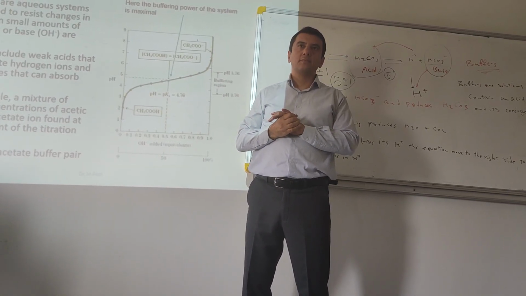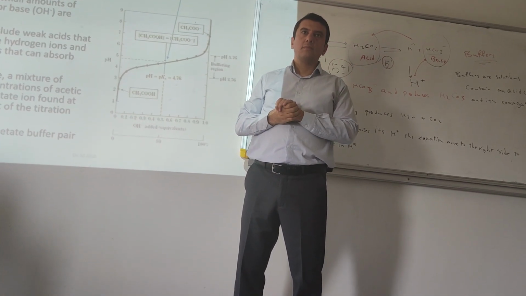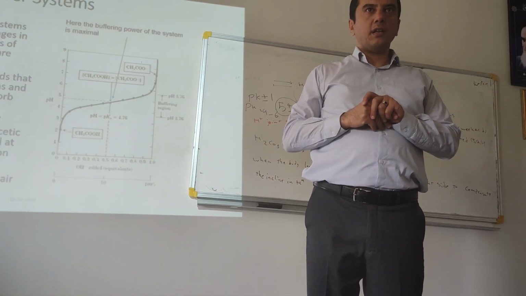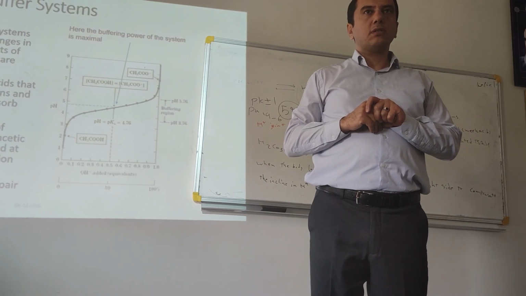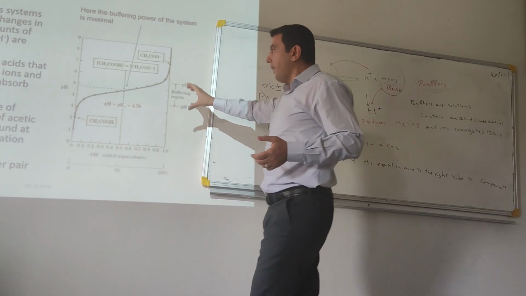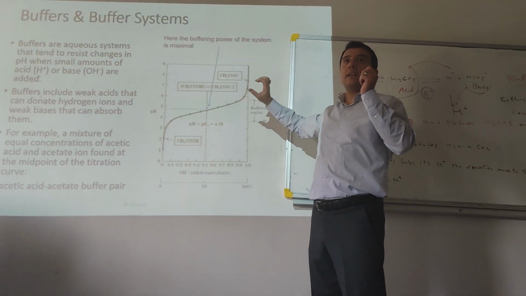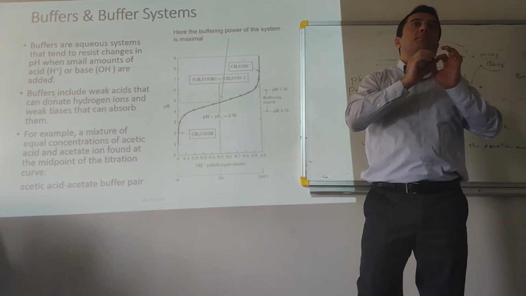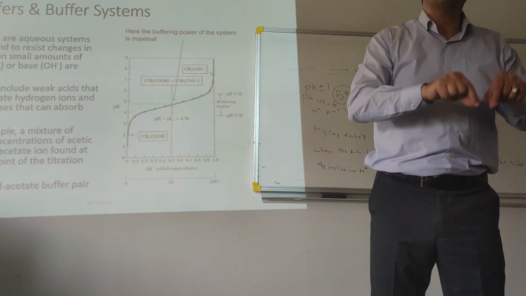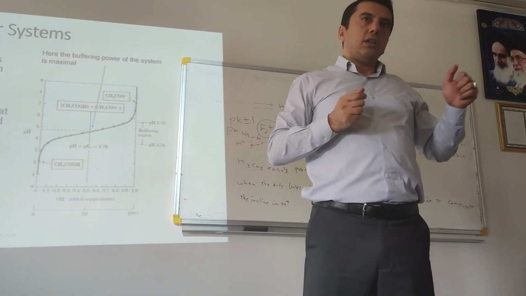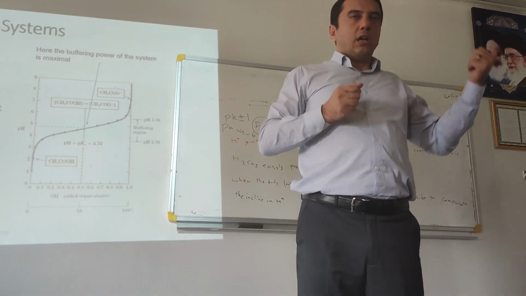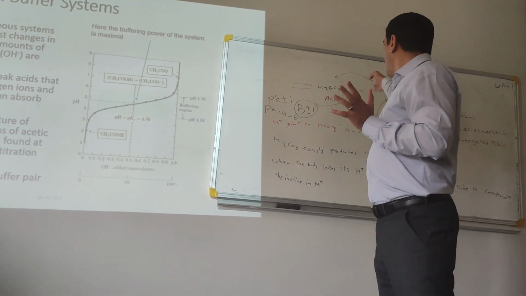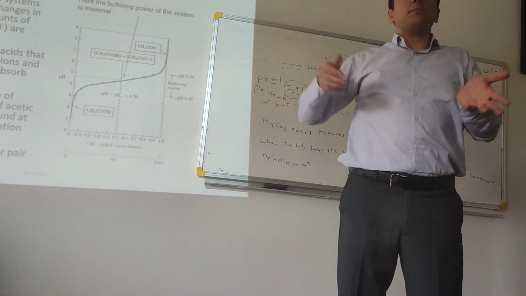How do we know the highest buffering rate? You mean how we can find the buffering region? How do we know it's 5? It's not 6, it's not 4. It is determined previously using experimental assessment. In laboratories, you have found what the pK is for, for example, H2CO3 and the other molecules.